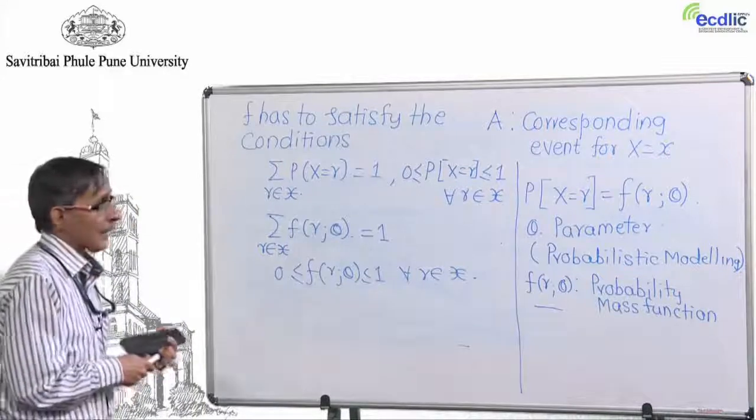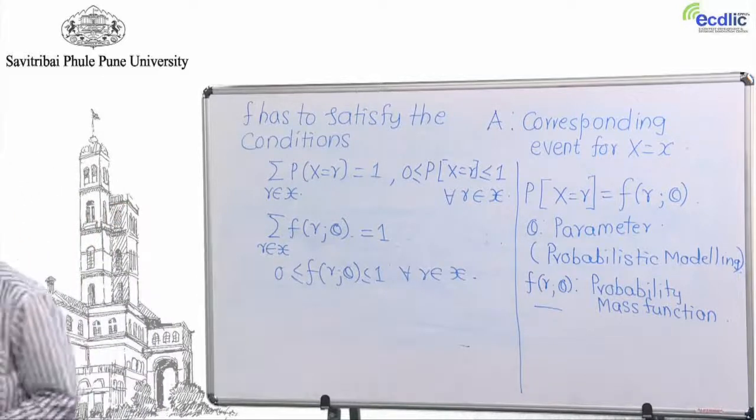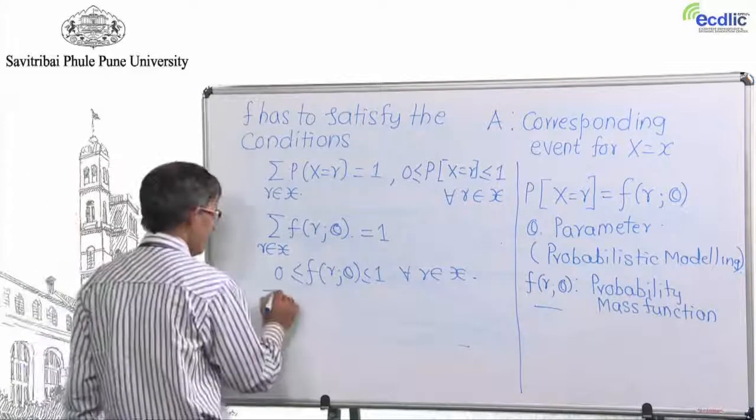Now, let us talk about a continuous random variable. How does it happen in the continuous case? This is for a discrete random variable.